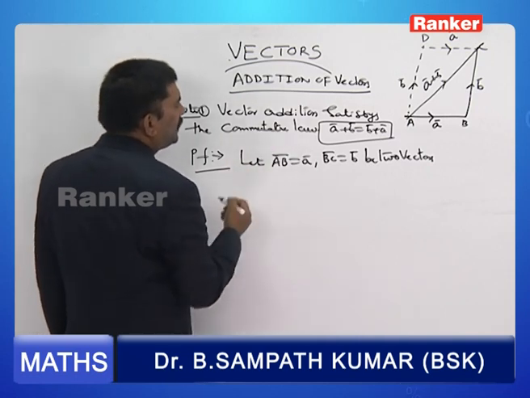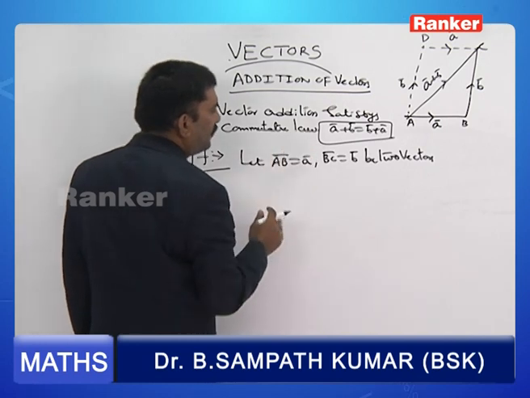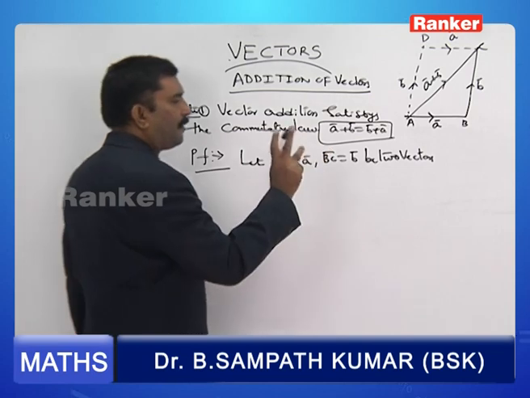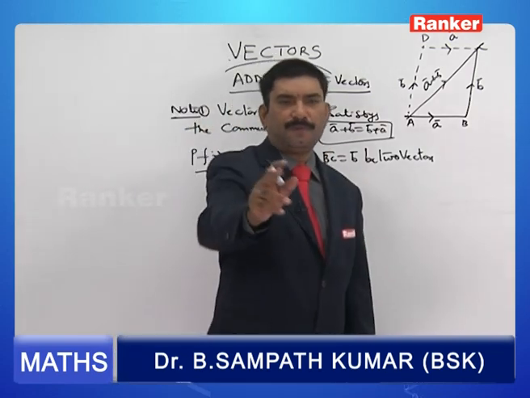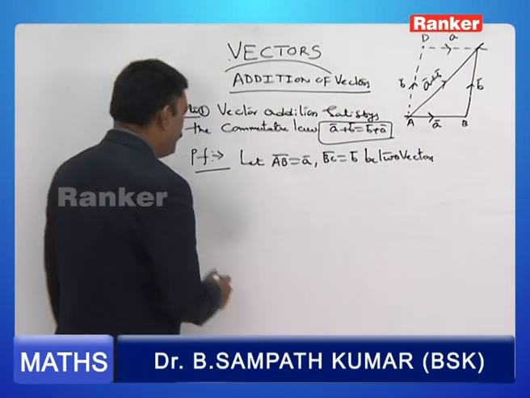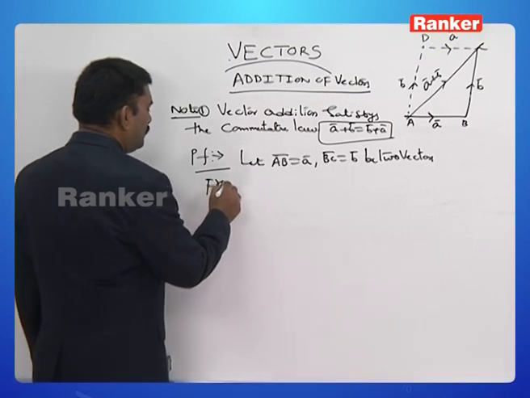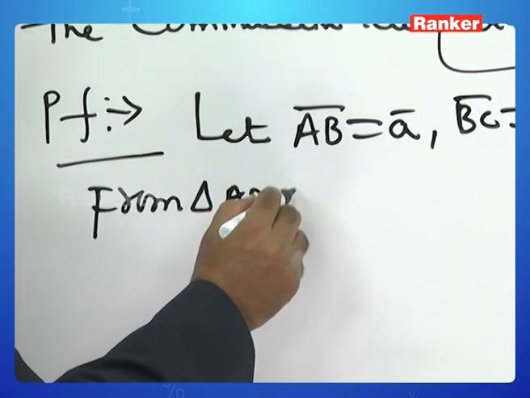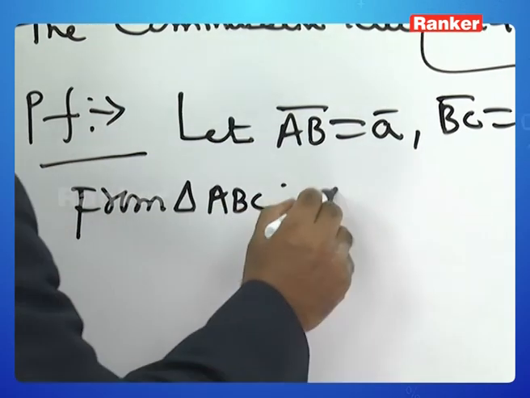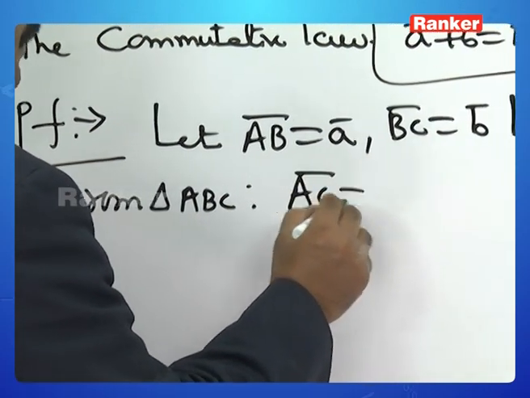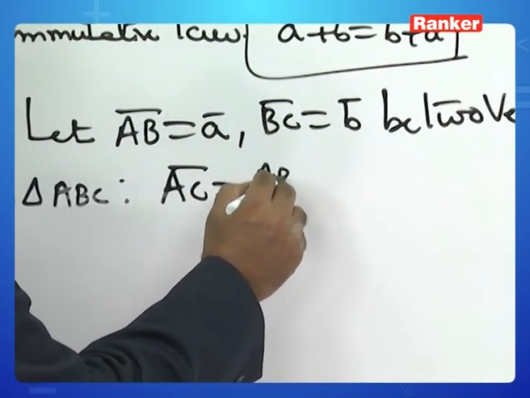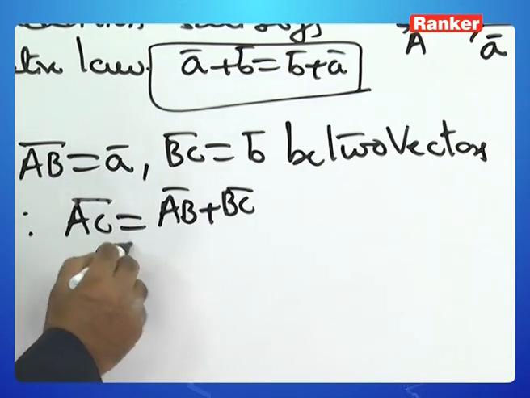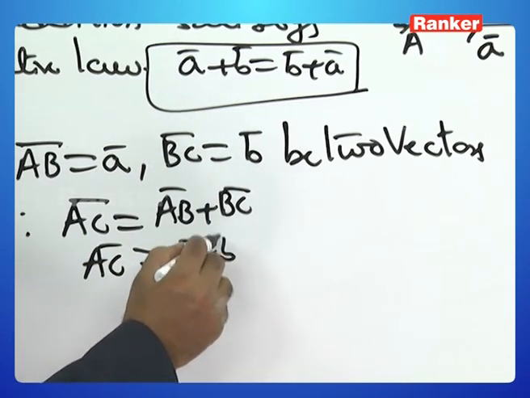AC bar is also A bar and AD bar is also B bar. You can take it for granted. A parallelogram is the sum of two triangles. Therefore, from triangle ABC, AC is the common diagonal. By using vector addition, AC bar is equal to A bar plus BC bar. I can write AC bar is equal to A bar plus B bar.